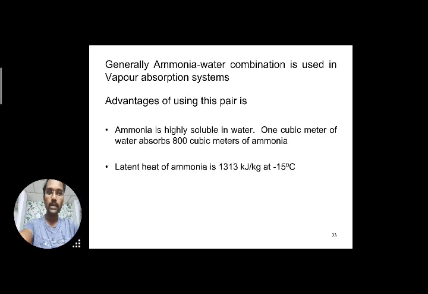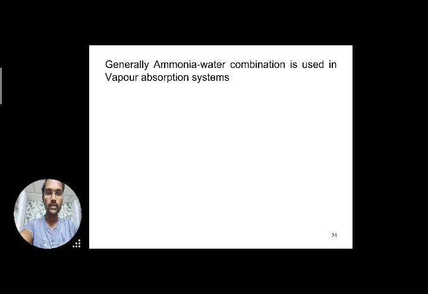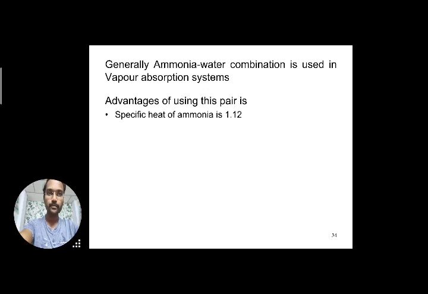The latent heat of ammonia is 1313 kilojoules per kg at minus 15 degrees centigrade, so it is also one factor why we use this combination. And the critical temperature of ammonia, if you observe, is 133 degrees centigrade. A refrigerant should have a high critical temperature, and this is a very high critical temperature, so we can use ammonia as a refrigerant.